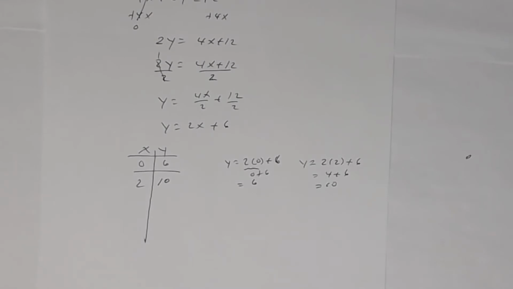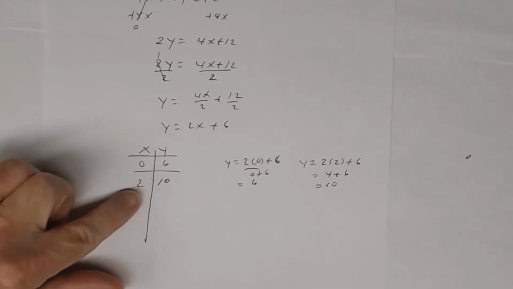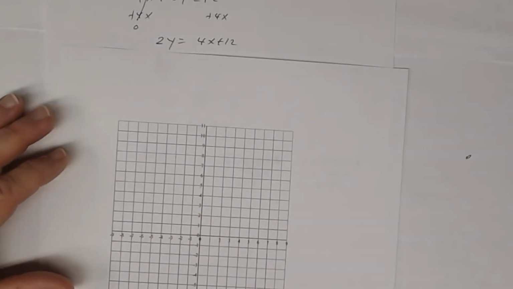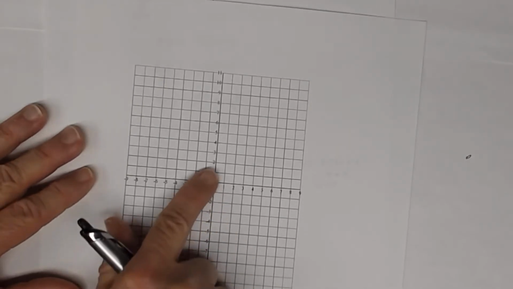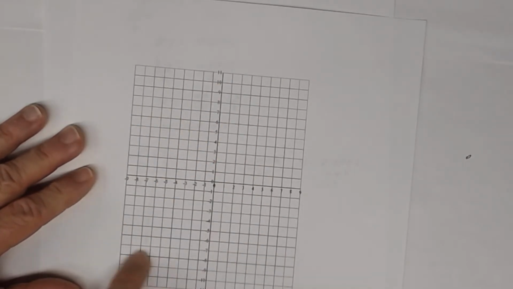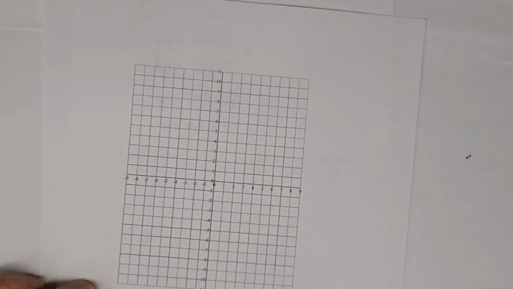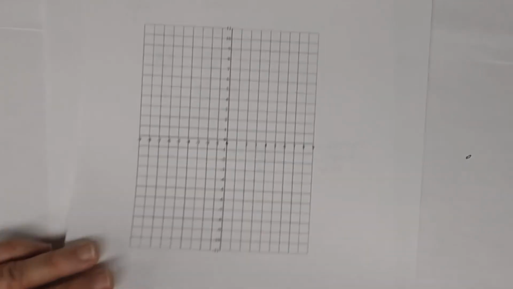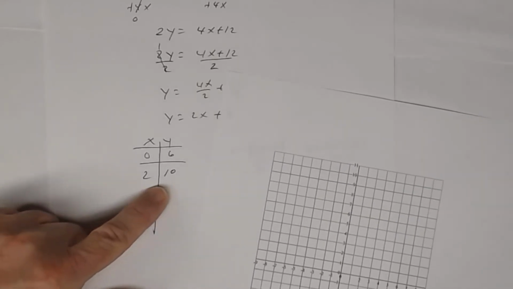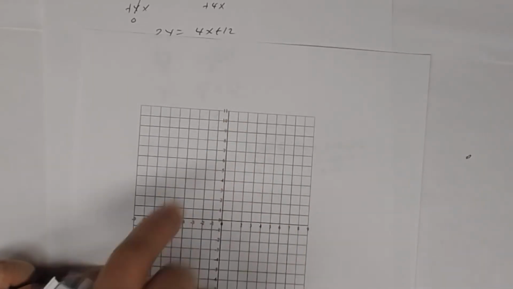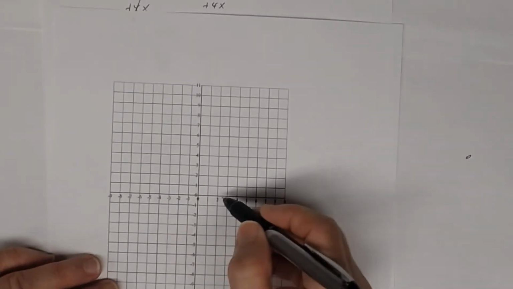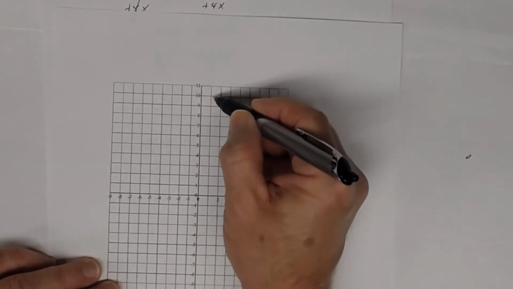Now, as you go through the process, you want to try and find ordered pairs that are going to fit within the coordinate system you have. So notice that my largest y value in this graph is 11. The lowest is negative 11, and then 9, and then negative 9. So this will fit, because notice the ordered pair 2, 10: go to the right 2, and then up 10 is here.